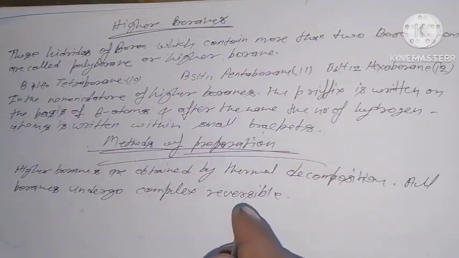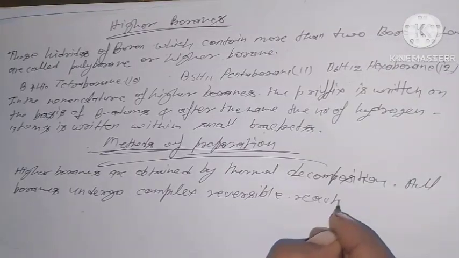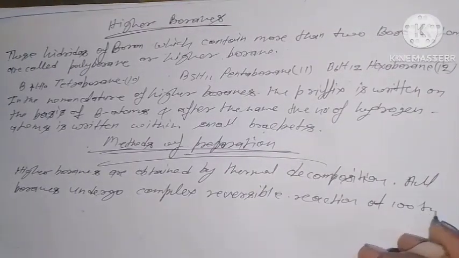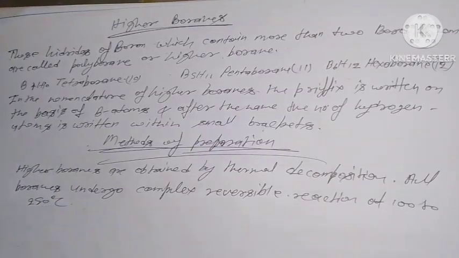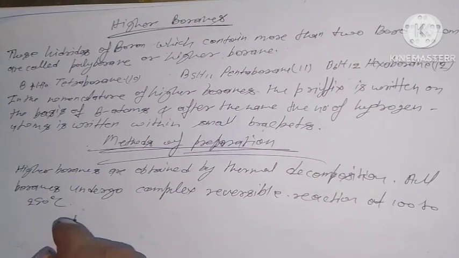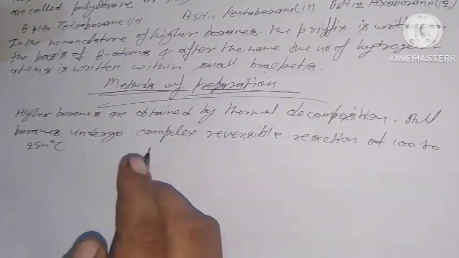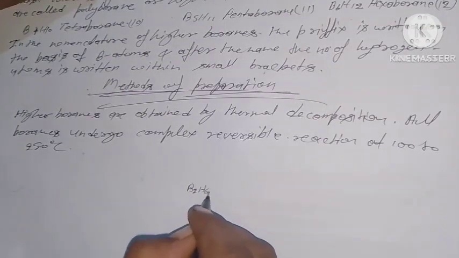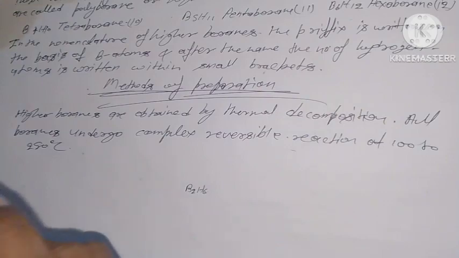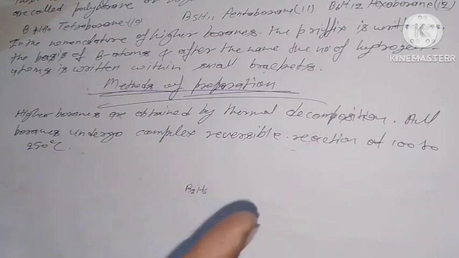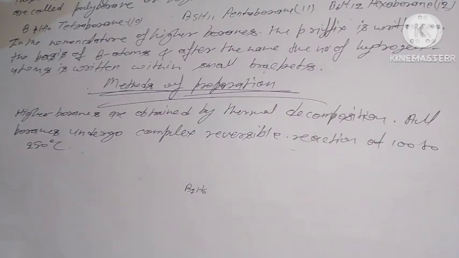The higher boranes are obtained by heating B2H6 with hydrogen under specific conditions, except hexaborane-10. You can show the interconversion of boranes.